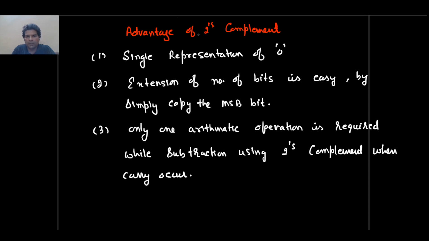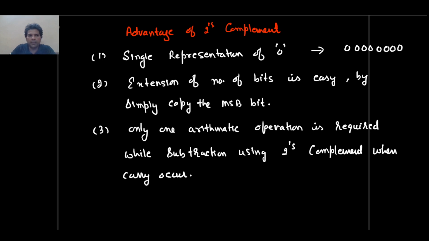Now the advantage of 2's complement, as we have already seen, is that there is a single representation of 0, which is all 0s. Second, extension of the number of bits is easy.